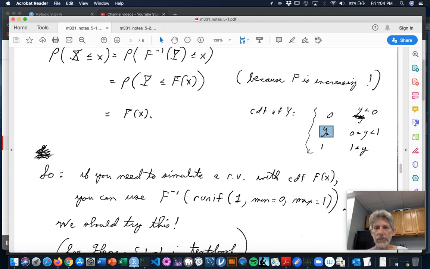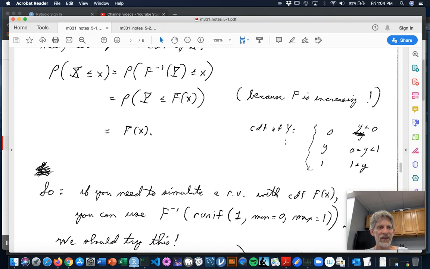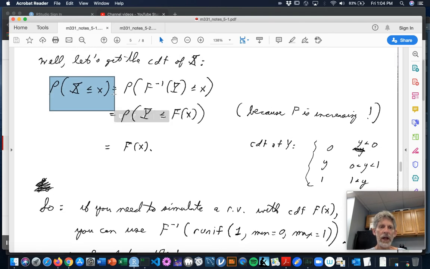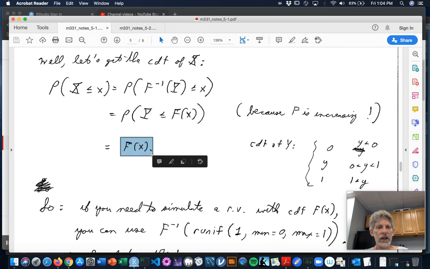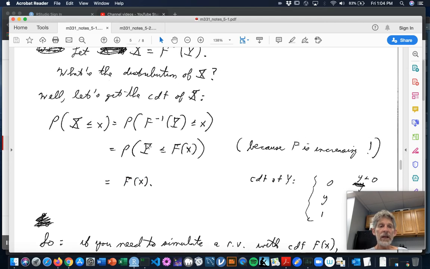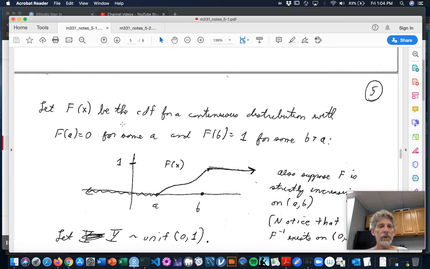It's just y. And this capital F is somewhere between 0 and 1, and so the value is capital F. So the chance that our x random variable is less than or equal to x is the same as the chance of whatever random variable had that CDF to be less than or equal to x.